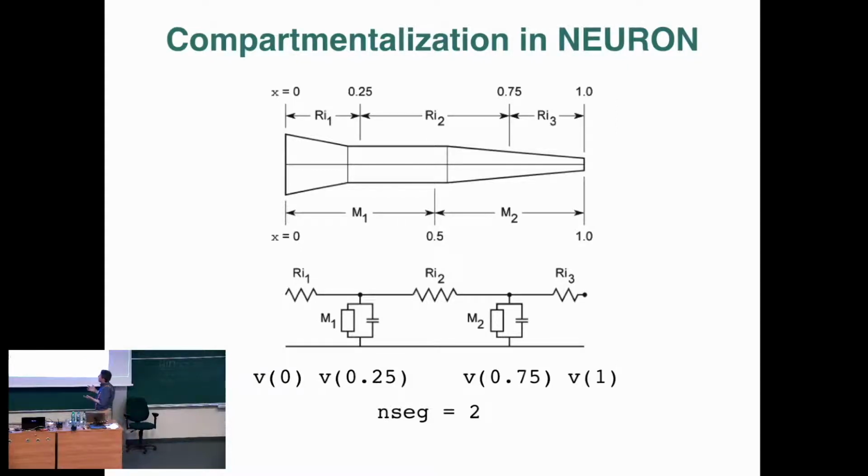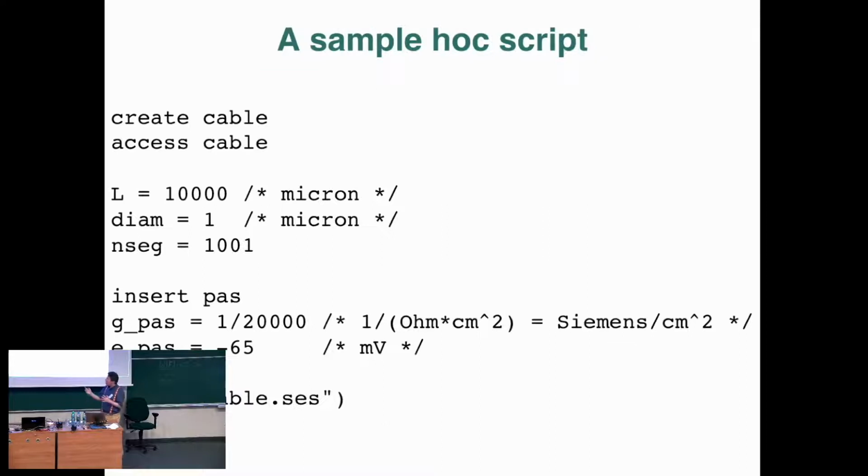And then there is a valid voltage at the middle of the left segment, which is relative coordinate 0.25, and there is a valid voltage at 0.75, and again at 1. So there's no valid voltage at the middle at 0.5. For that to be possible, you need an odd number of segments, then you are fine. Like 1 is okay, or in this case, 1001.